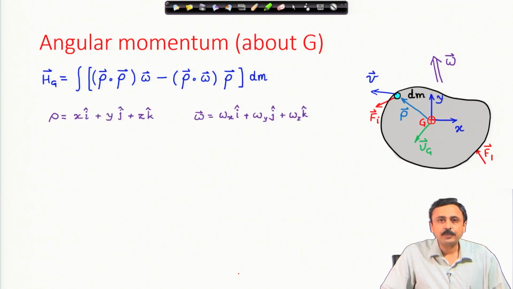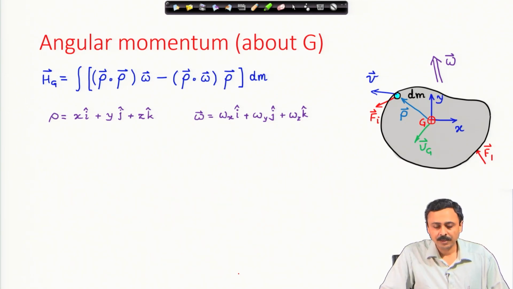In a general spatial situation, a spatial rigid body, we have the general vector rho as x i cap plus y j cap plus z k cap in some coordinate system which is fixed to the body. We will qualify this coordinate system very soon. The angular velocity of the body can be expressed again in this coordinate system as omega x i cap plus omega y j cap plus omega z k cap.